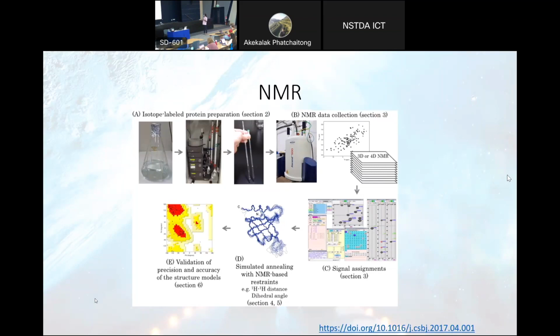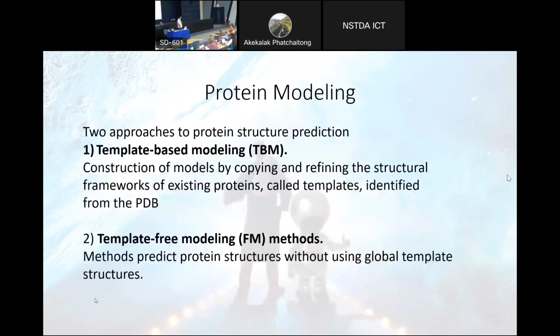If you have the distance constraints and run the simulation, all these structures satisfy them. We have an equivalence to that in our structure modeling too. That's why I'm going through a little detail here, and we'll come back to that equivalence later. So these are the typical three structural techniques that we use here.